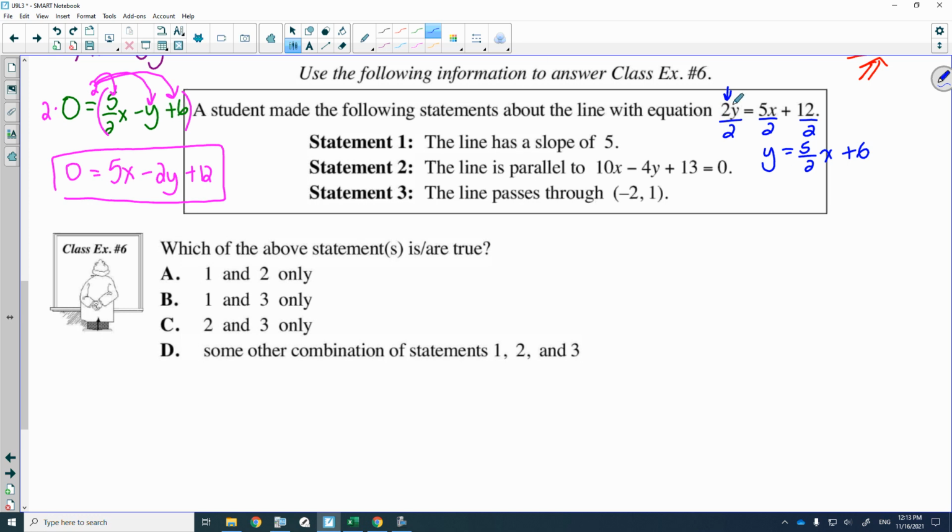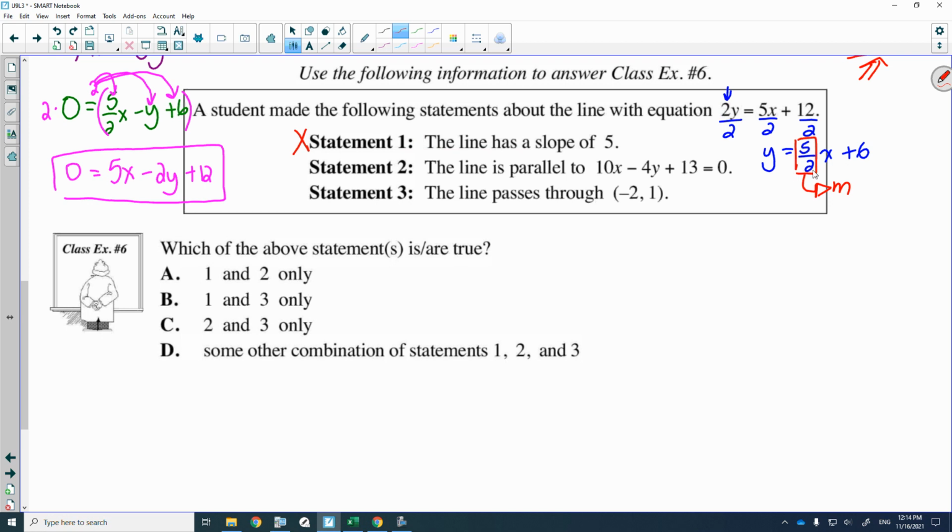So if you don't isolate your y, you'll get the question wrong, and you'll say, yeah, the slope is 5. It's not 5. The slope is 5 over 2. That is your slope. So statement 1 is false. It's not true. It's got a slope of 5 over 2, not 5.